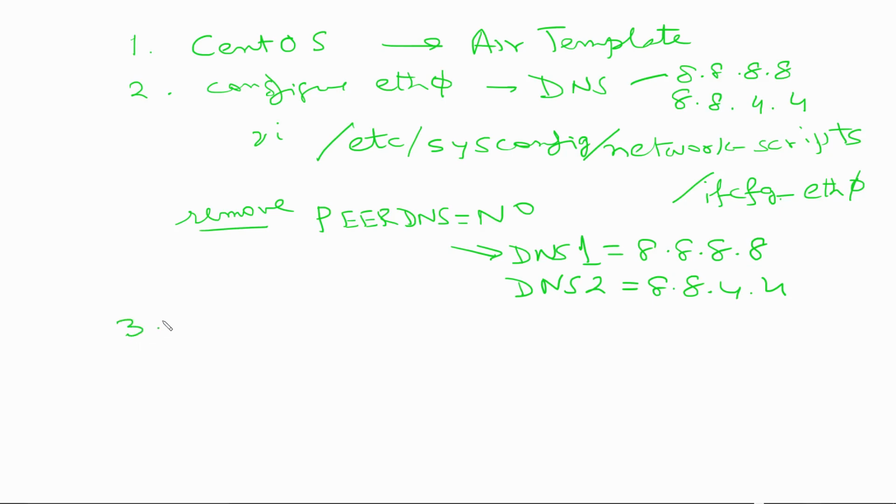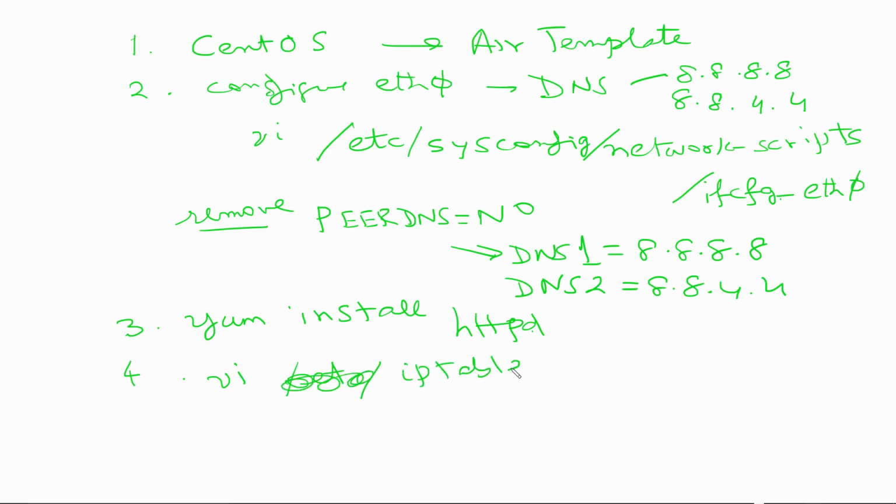The third thing that had to be done was to install httpd, which is basically Apache. So I did a yum install httpd. Once this was installed, I had to edit the iptables, and we can check to see exactly what they were.